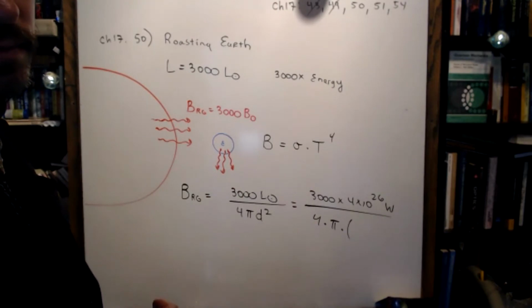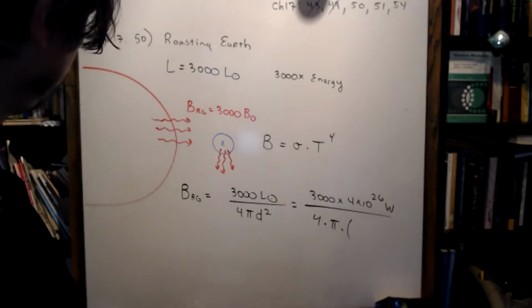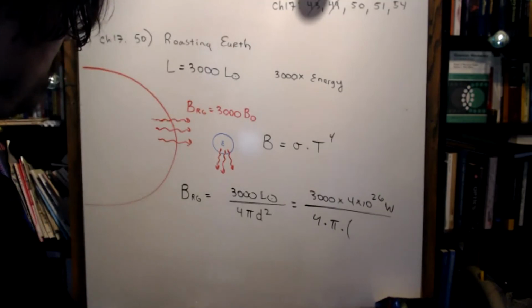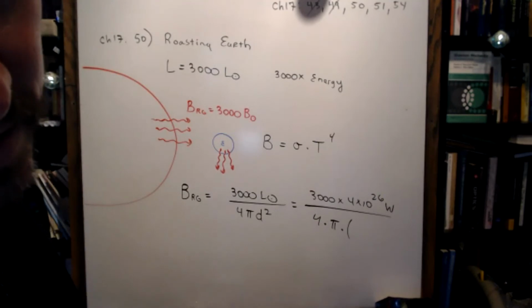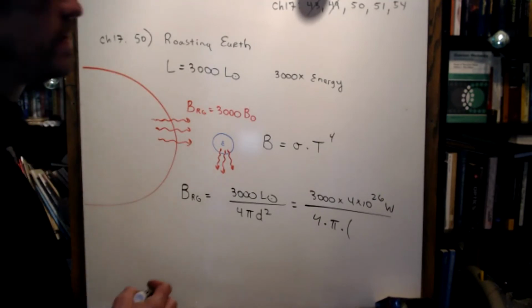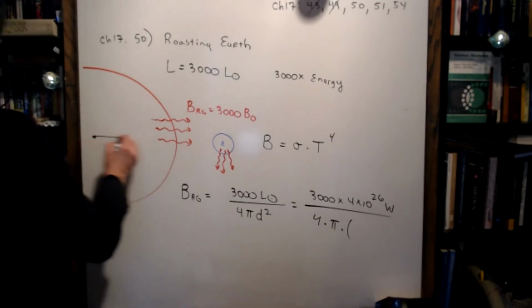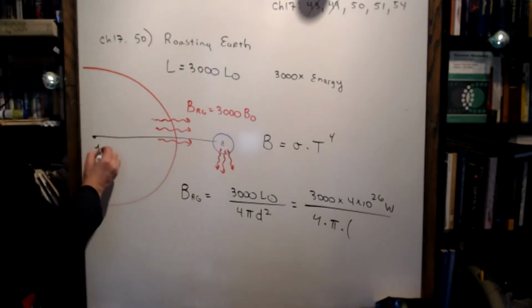Yeah, you were mentioning the radius of the sun, 7 times 10 to the 8 meters. The distance from the center of the sun to Earth is 1 AU.